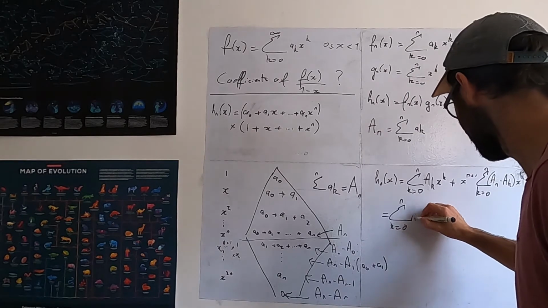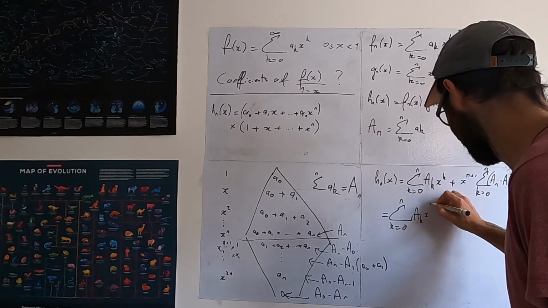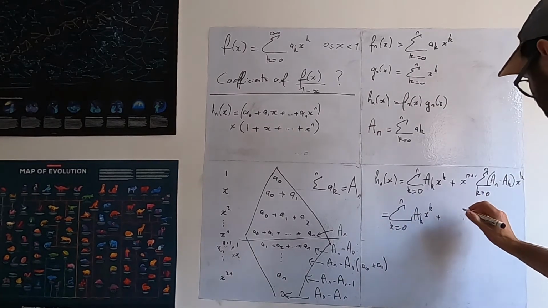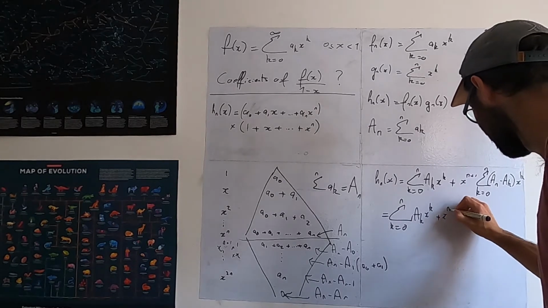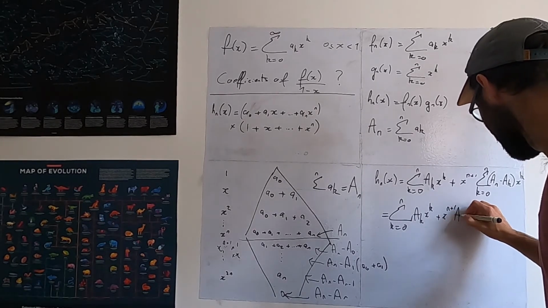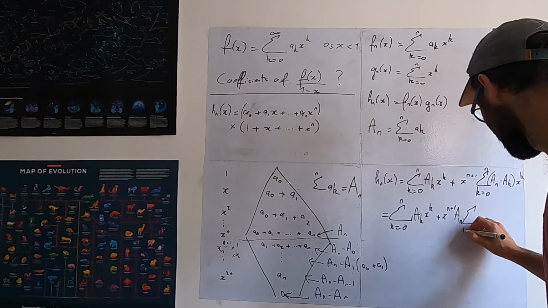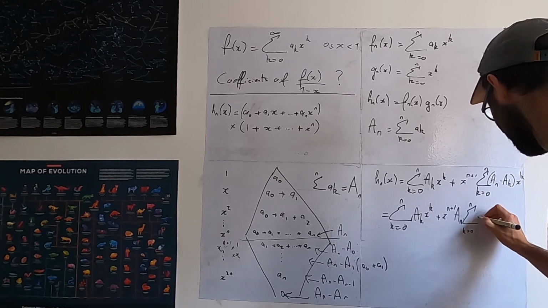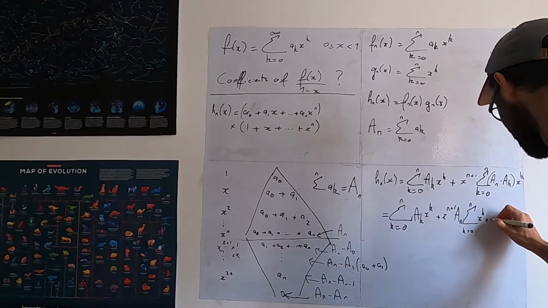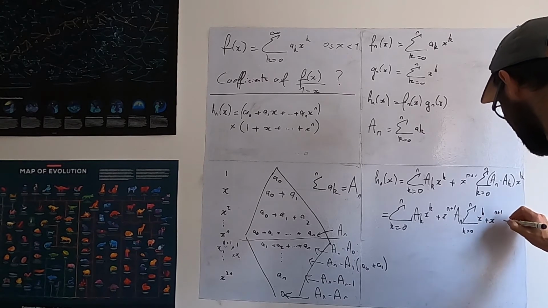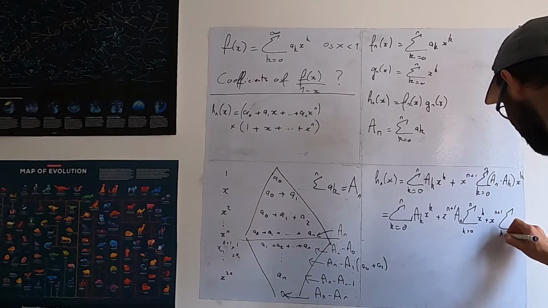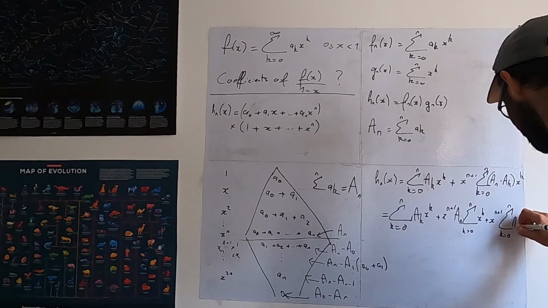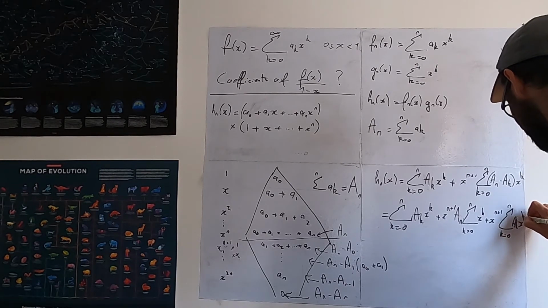The sum from k equals 0 to n of Ak x power k, plus x^(n+1) An sum k equals 0 to n of x^k, plus x^(n+1) sum from k equals 0 to n of Ak x power k.